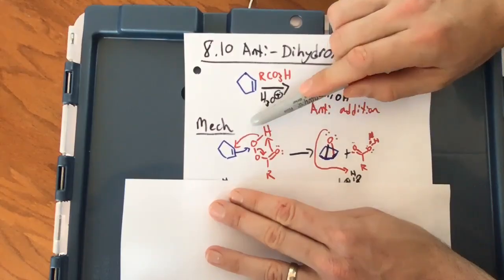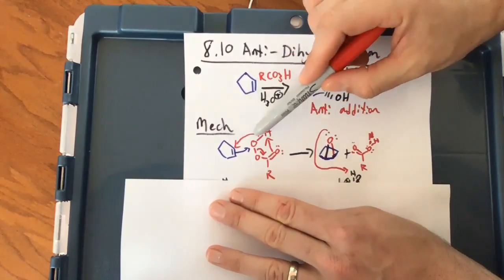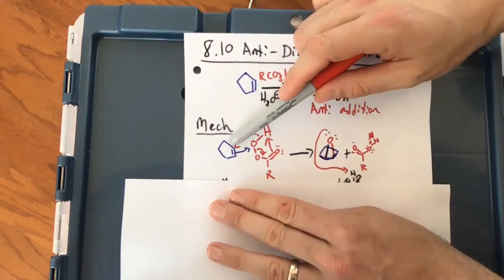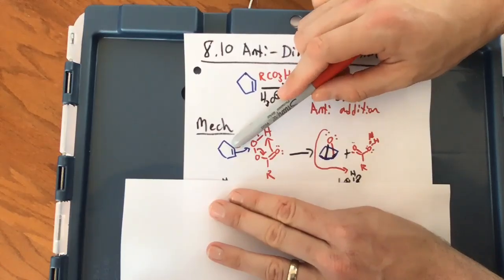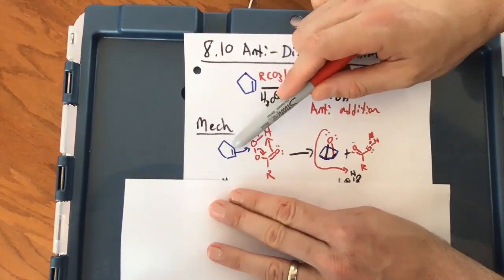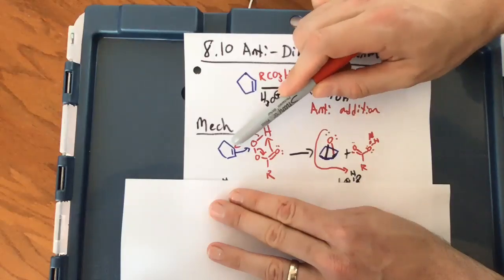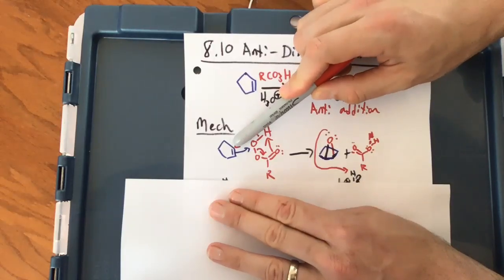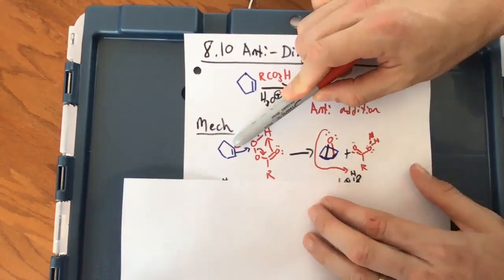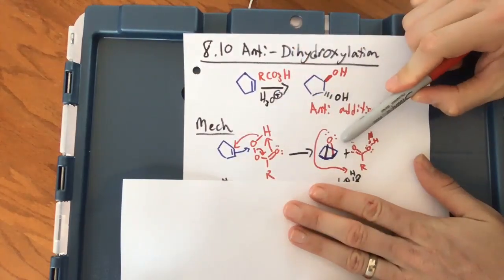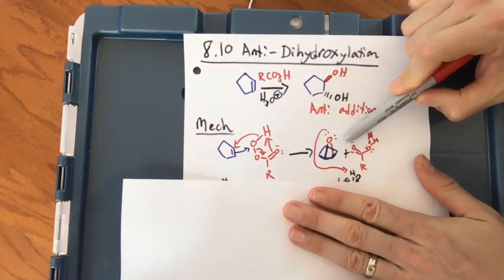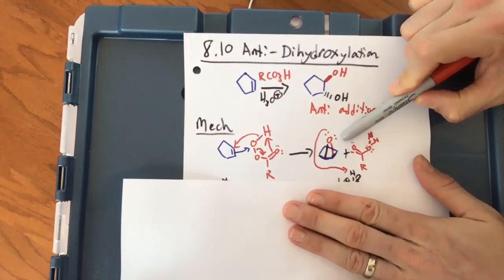So the electrons from the OH bond then come down and make a 3-membered ring with the other carbon on the double bond molecule here. And what you end up with is this epoxide. That's what we call a 3-membered ring with 2 carbons and 1 oxygen.